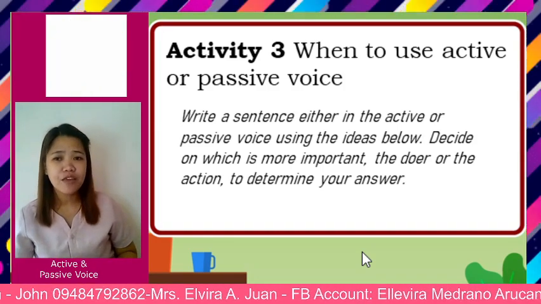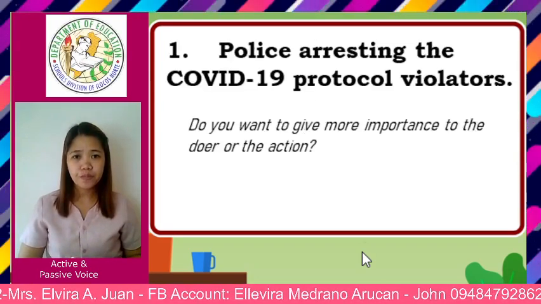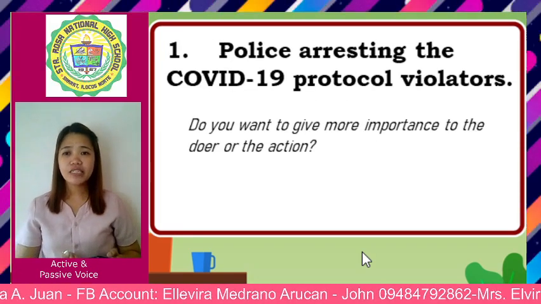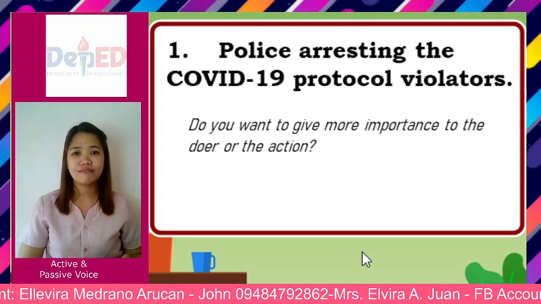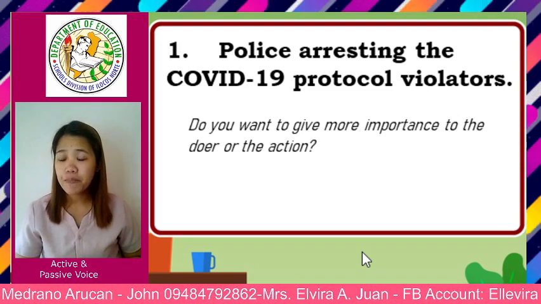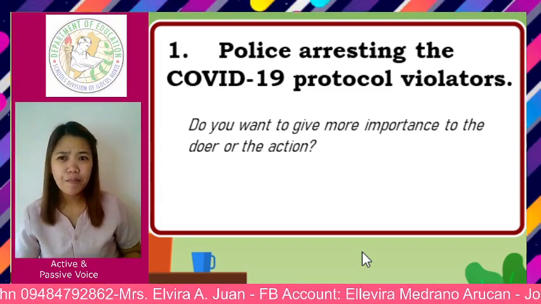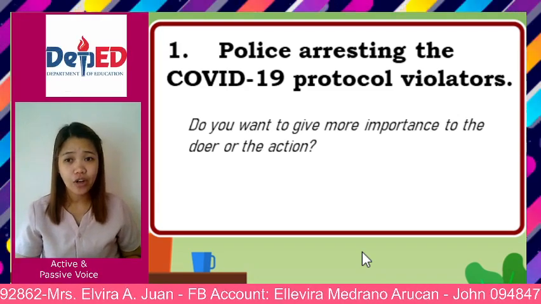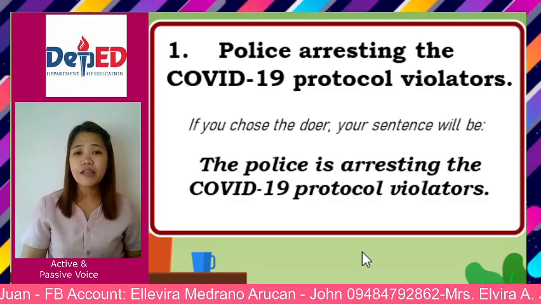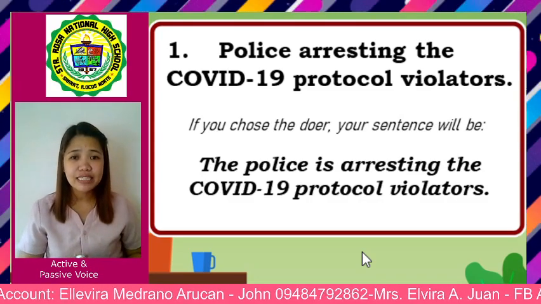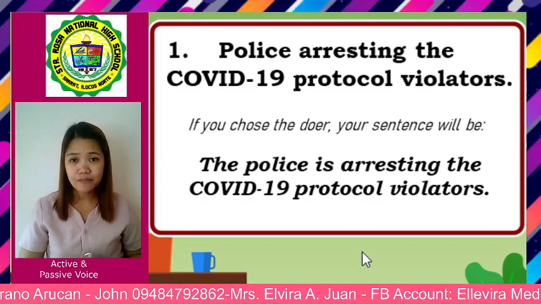Aside from the example given to you in the module, I'll also give you one more example. The situation is police arresting COVID-19 protocol violators. Do you want to give more importance to the doer or the action? Which is more important for you, the doer or the action? Well, if you choose the doer, then your sentence will be, the police is arresting the COVID-19 protocol violators.